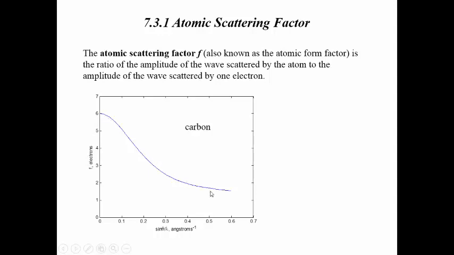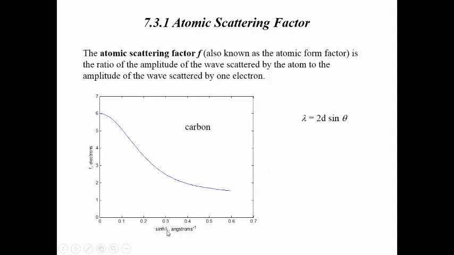This curve is calculated using the Cromer-Mann coefficients, and we'll use that as our calculation. And if you notice, it has this unusual sine theta over lambda, which is Angstrom's inverse, along the x-axis. We have the structure factor in electrons along the y-axis.